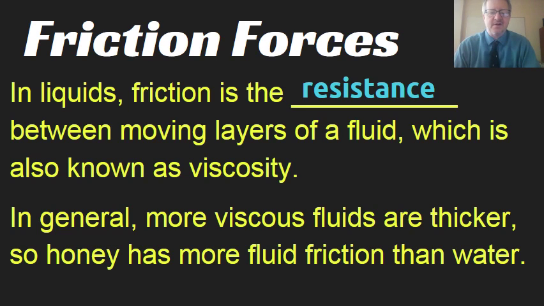So in liquids, friction is the resistance between moving layers of a fluid, known as viscosity. So the more viscous fluids are thicker. So honey would have more fluid friction than, say, water. It's a great example. So honey is a higher viscosity, has more fluid friction than water does.